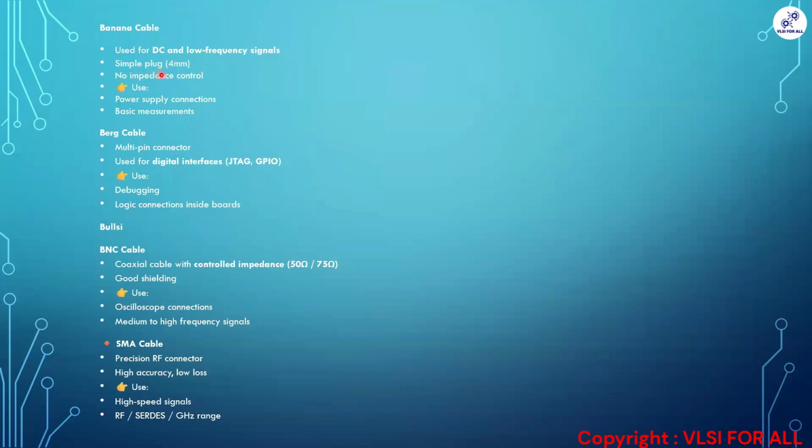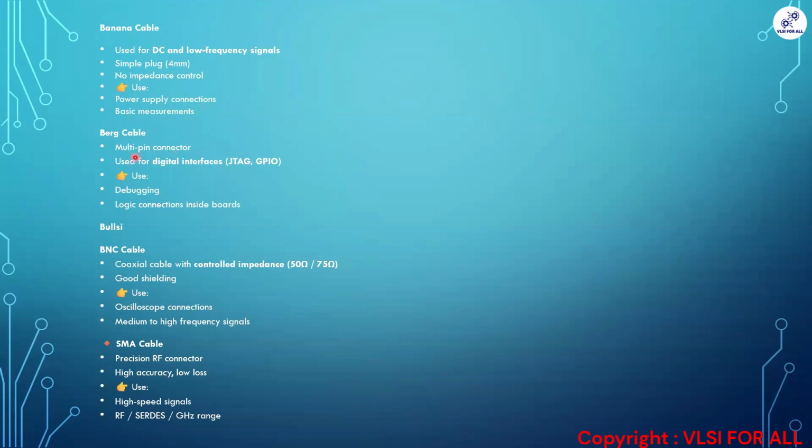It is for simple plug and play, like plugging in a power supply. One end of the banana cable is connected to the power supply, and another end will be connected to the DUT. There is no impedance control in the banana cable, and application-wise it is used for power supply connections and basic measurements.